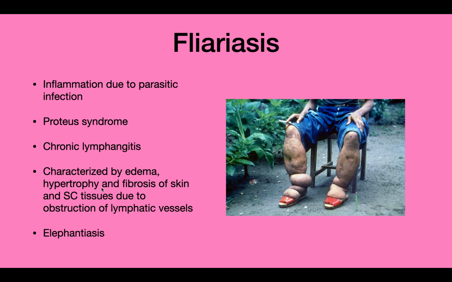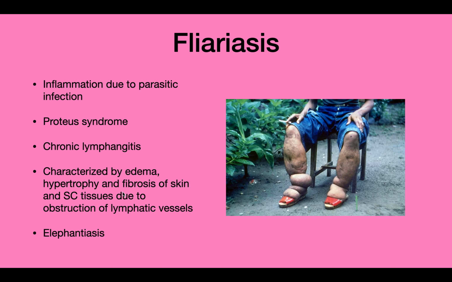Filariasis, sorry, never can pronounce these things, is due to a couple parasitic infections. You don't really have to know the exact parasites, but this is going to be due to an infection. It's called Proteus syndrome, and it is basically chronic lymphangitis, so inflammation of the lymphatics.